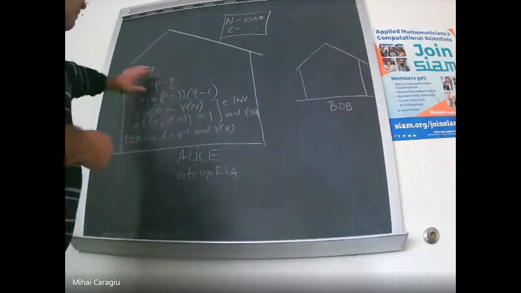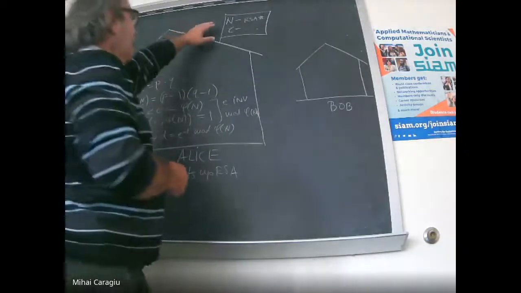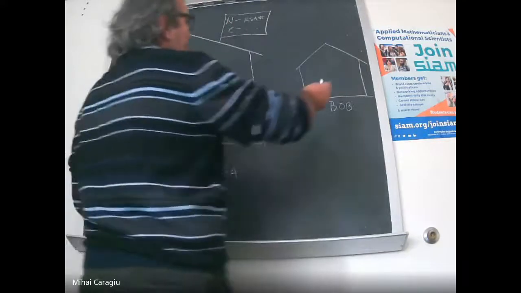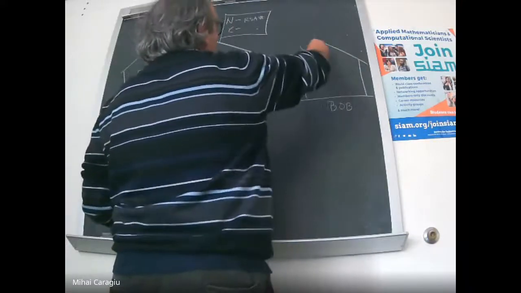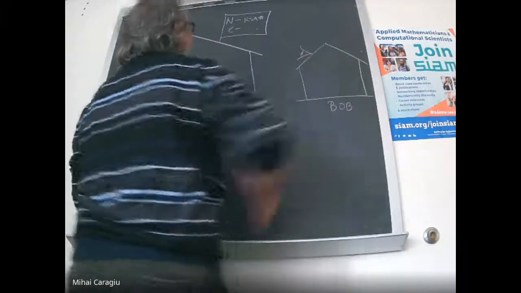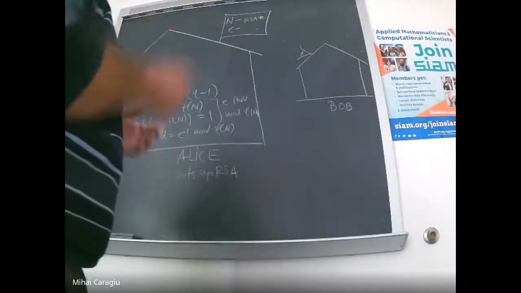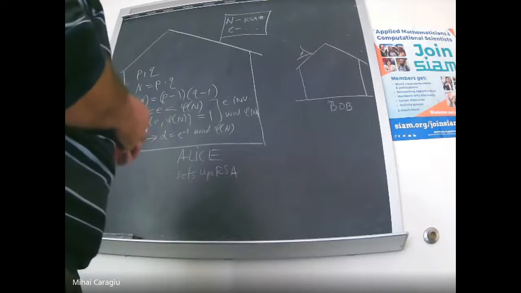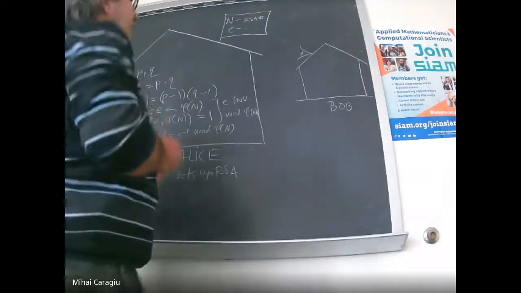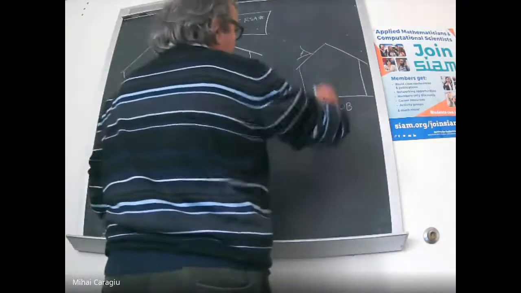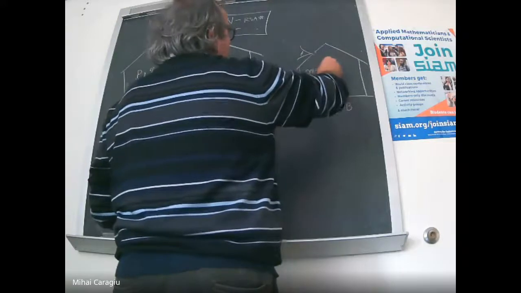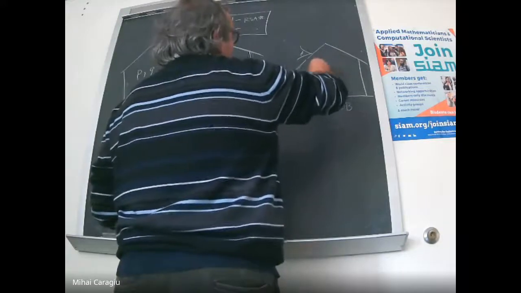Now, once she sets up the RSA and publishes the RSA number and the public encryption key, Bob looks up those things, and let's assume Bob wants to send a message over to Alice, and he wants to encrypt that message. So he wants to send a message m, a number from 1 to n.